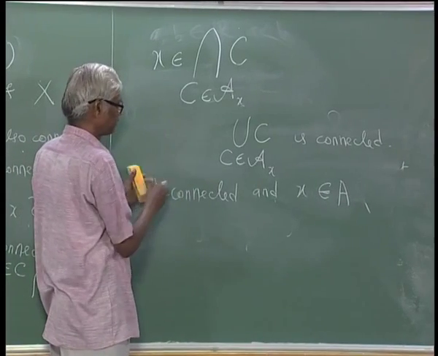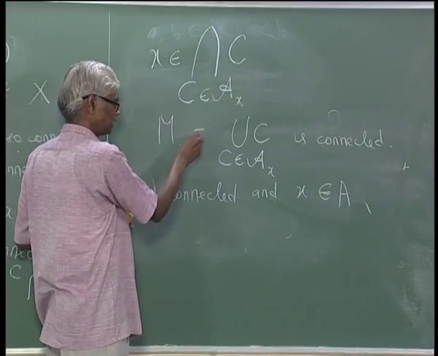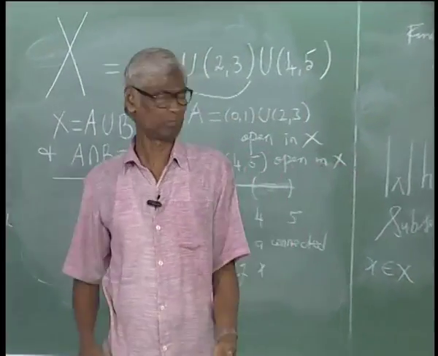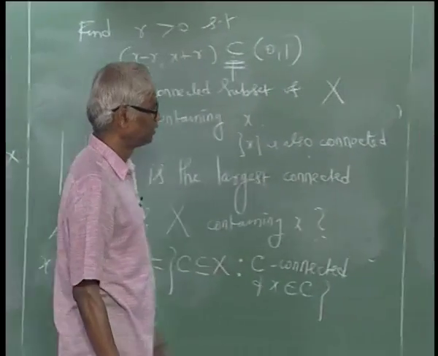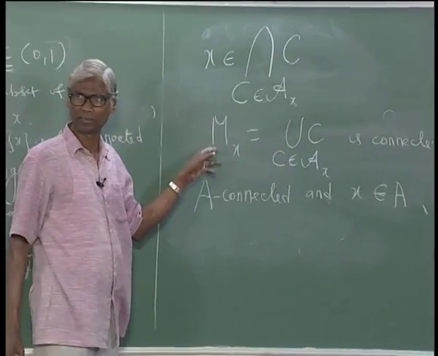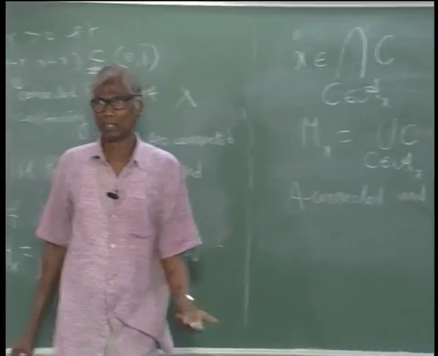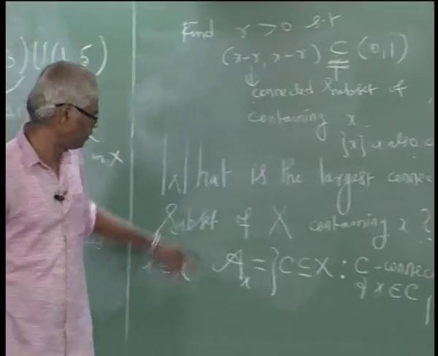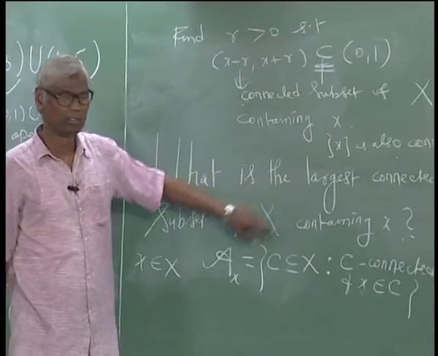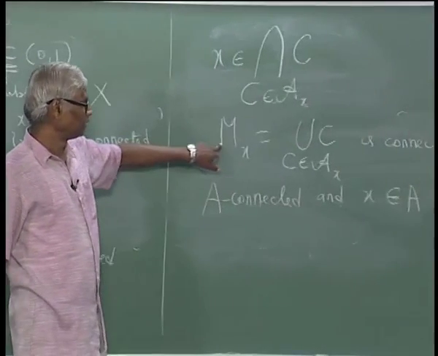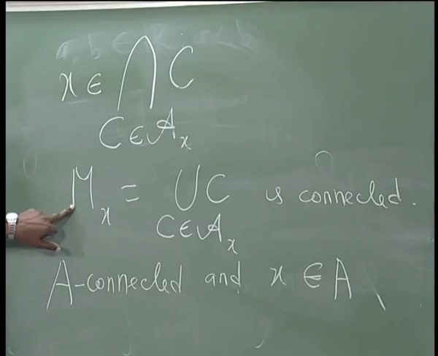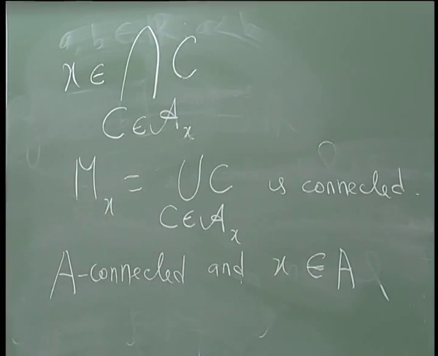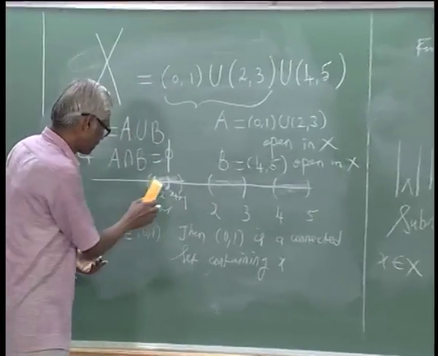Let us say this is our M_x. So, all other connected subsets containing x will be a subset of M_x, that is, this is the largest connected set containing x. In fact, we have proved that given any topological space we can always find the largest, or say maximal, connected set containing x.